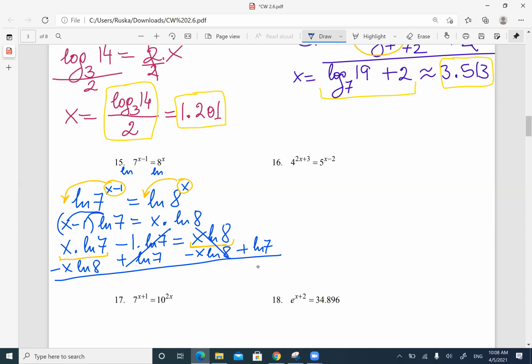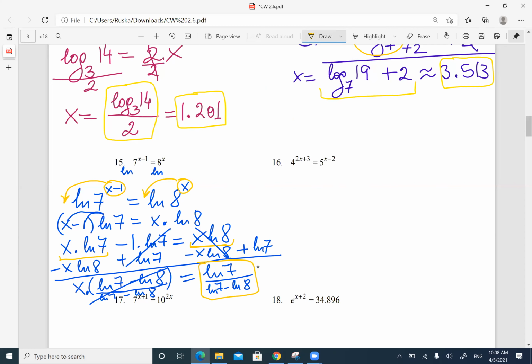You can't combine them because ln 7 and ln 8 are different numbers, but you can factor out x, since both have x, and it's going to be ln 7 minus ln 8 equals ln 7. In order to get x by itself, I have to get rid of this, so I'm going to divide both sides by ln 7 minus ln 8. These cancel out, and you get x equals ln 7 over ln 7 minus ln 8. So this is my exact solution.